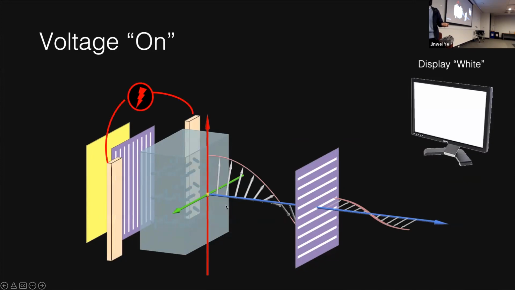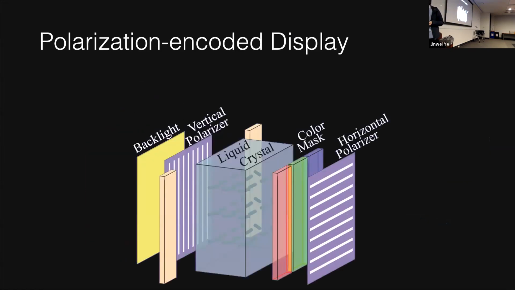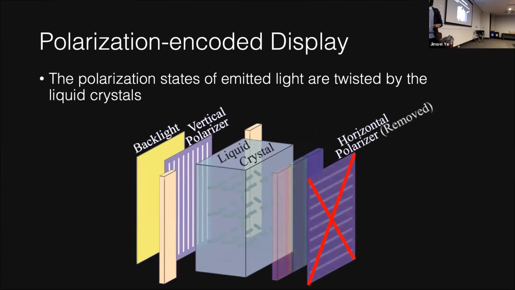And that is how you can see white color or colors of different shades. Okay. So for our display, if we want the exit light to carry various polarization states, what we do is simply remove this front polarizer. Then that allows the exiting polarized light to carry the polarization state that is modulated by the liquid crystal layers. Okay.